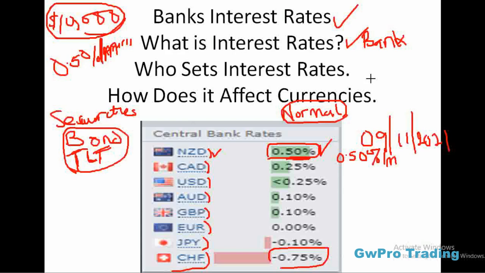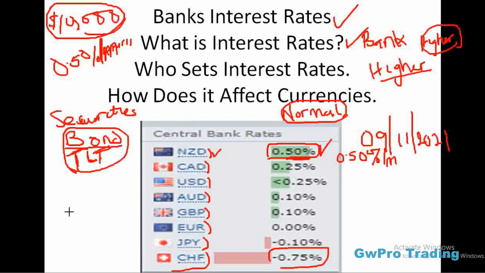So how does the interest rate affect currencies? The higher the interest rate, the higher the currency. All right. Let me explain this.